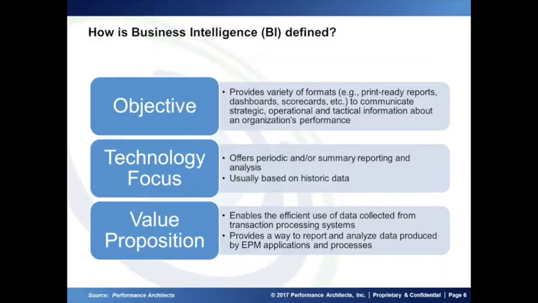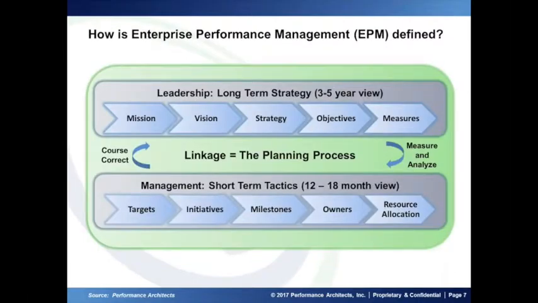So what is EPM? EPM is really the linkage between an organization's long-term strategic plan and the short-term tactical processes that you typically find, like with a budget or a forecast, a long-range plan. So you can imagine the leadership team is sitting down and they're coming up with where they want to be in 5 to 10 years. EPM is one of the vehicles that helps enable that.